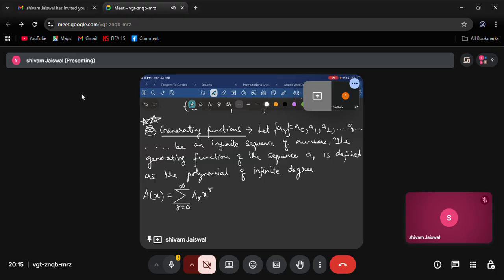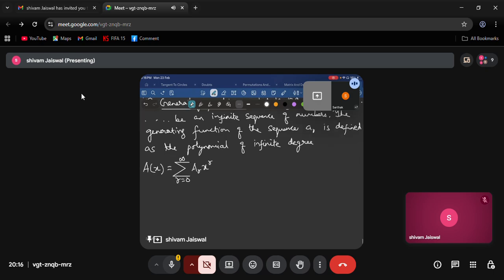Okay. So everyone, when we expand, what are we getting? a0 plus a1x plus a2x square plus dot dot dot up to infinity.